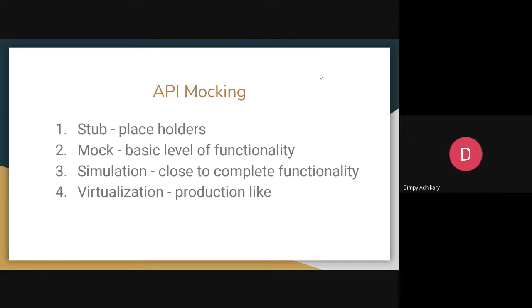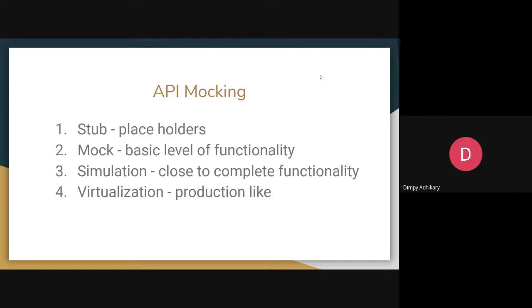Some people also call it a simulation if you are mocking only the basic functionality: I'm simulating my API. So these terminologies are context dependent, and you can use either mock or simulation depending on your context. But a stub is very basic, it is like a placeholder. Then one more thing is virtualization. There are some companies which provide this service, virtualization tools.